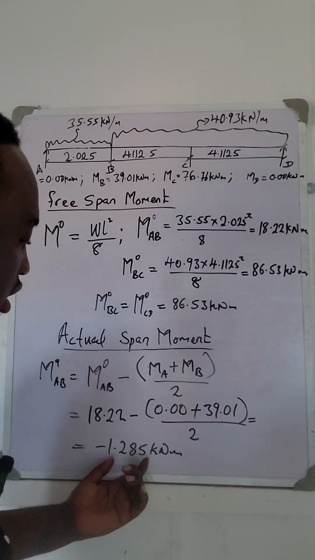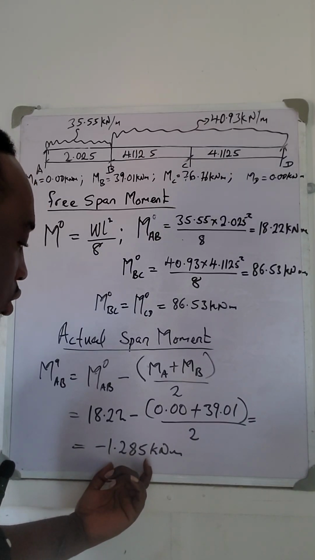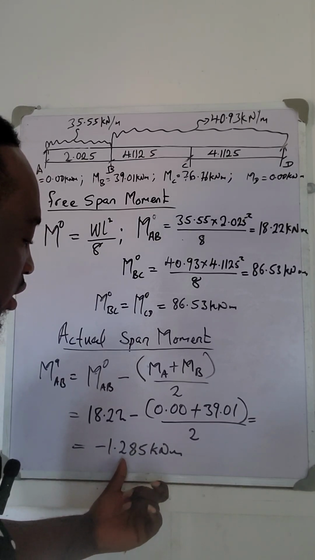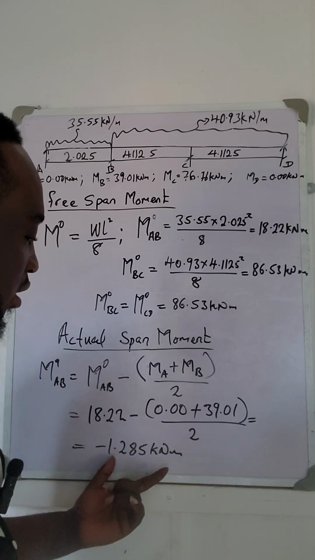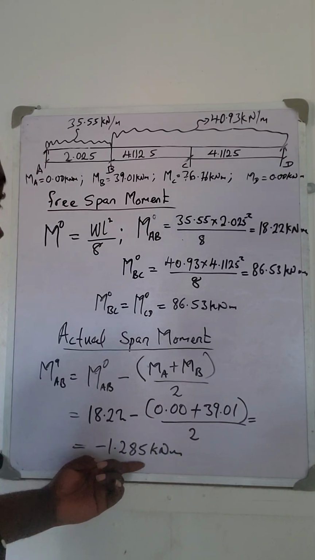It means that the reaction is at the top. So when we are reinforcing this span, it is going to be at the top. So this is a hogging moment.